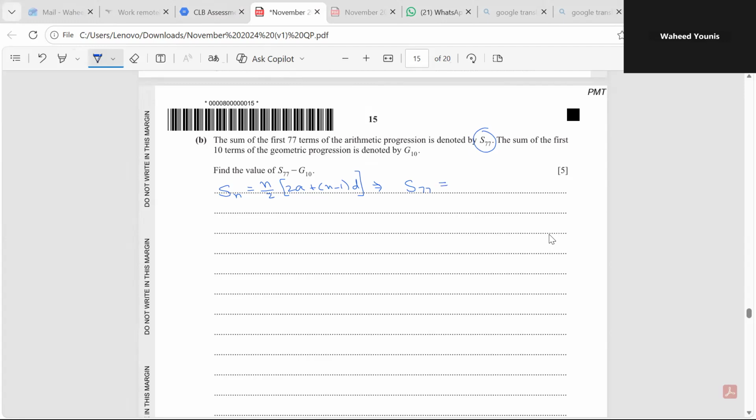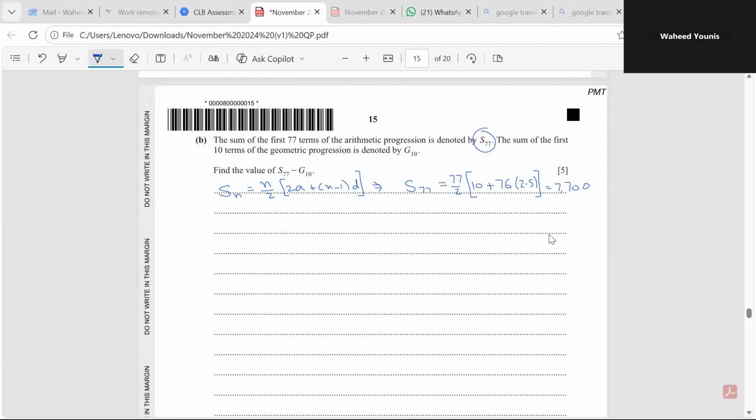It would be 77 over 2, and 2a means 10, since a is 5, plus 77 minus 1 is 76, times d, which is 2.5, and this is calculated to be 7,700.